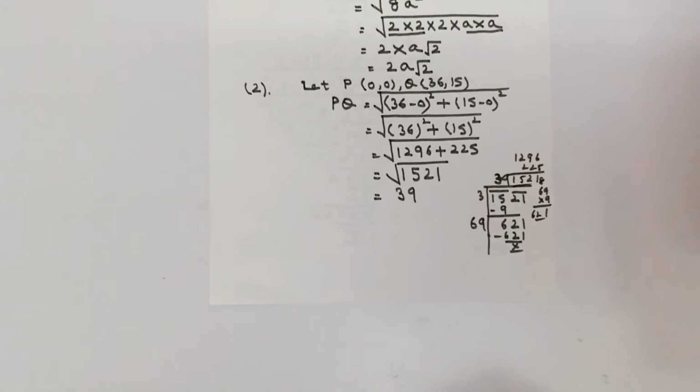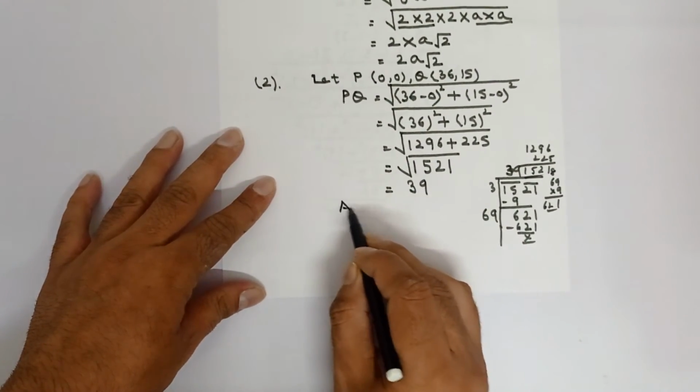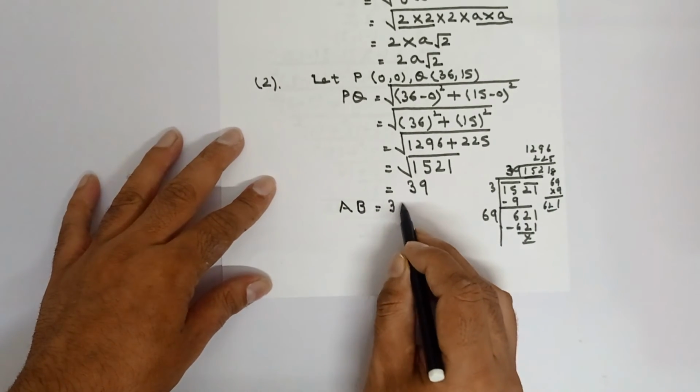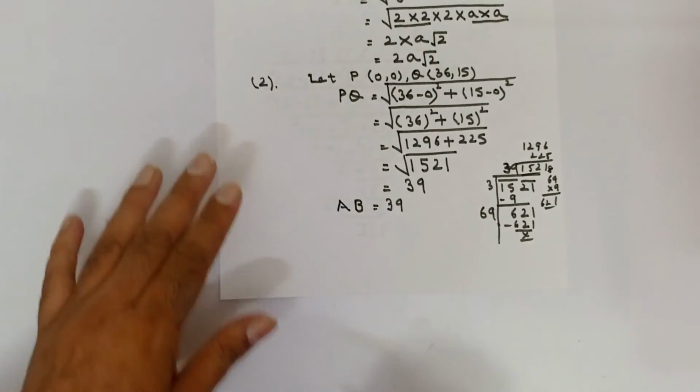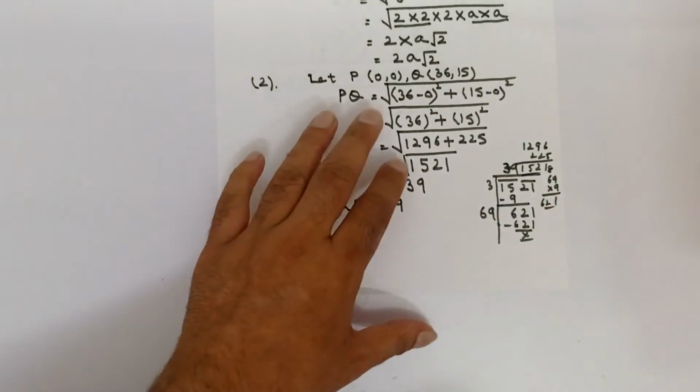Right? 39 is this distance between 0, 0 and 36, 15. And if you measure the distance between A and B from the section which is given, that will also be 39 only. You may calculate, right? Now next question.